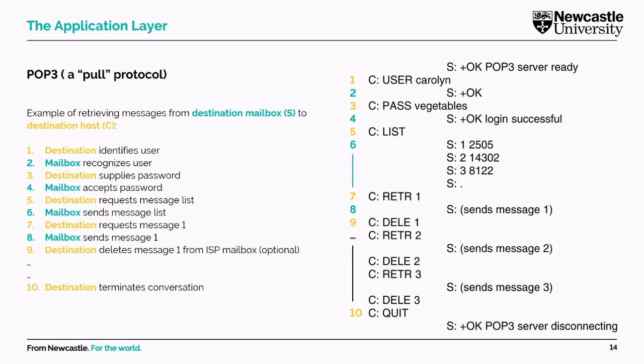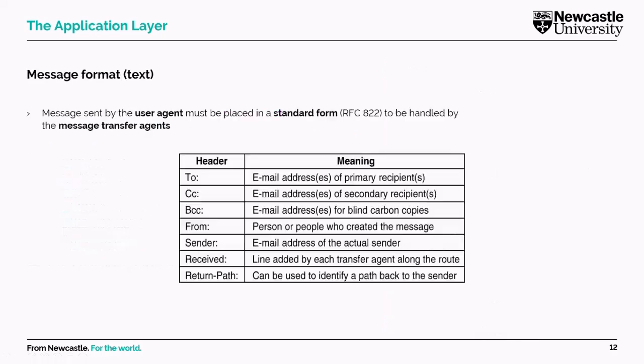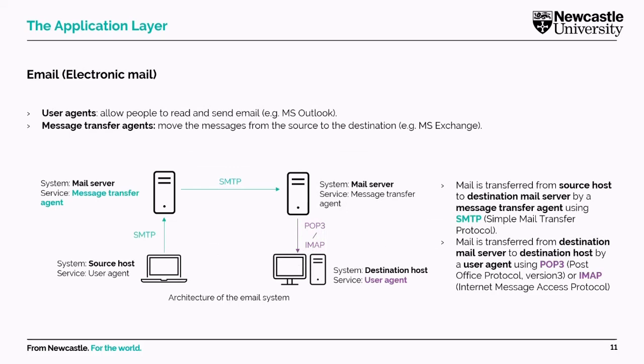So just two examples of interactions using these protocols, but these are not going to be in the exam. They're here just to give you additional information on how these things work. This is, I would say, the most important slide here to look at.